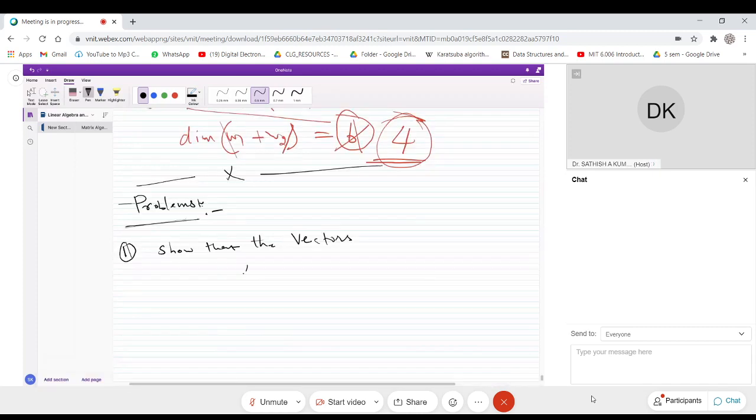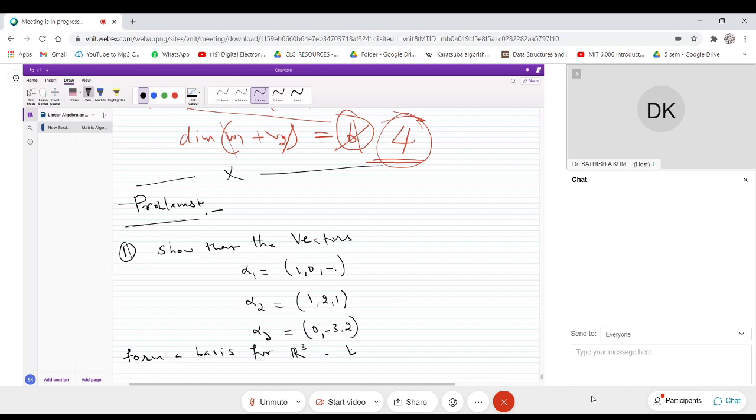Show that the vectors alpha 1 equal to 1, 0, minus 1, alpha 2 is equal to 1, 2, 1, alpha 3 is equal to 0, minus 3, 2, form a basis for R3.